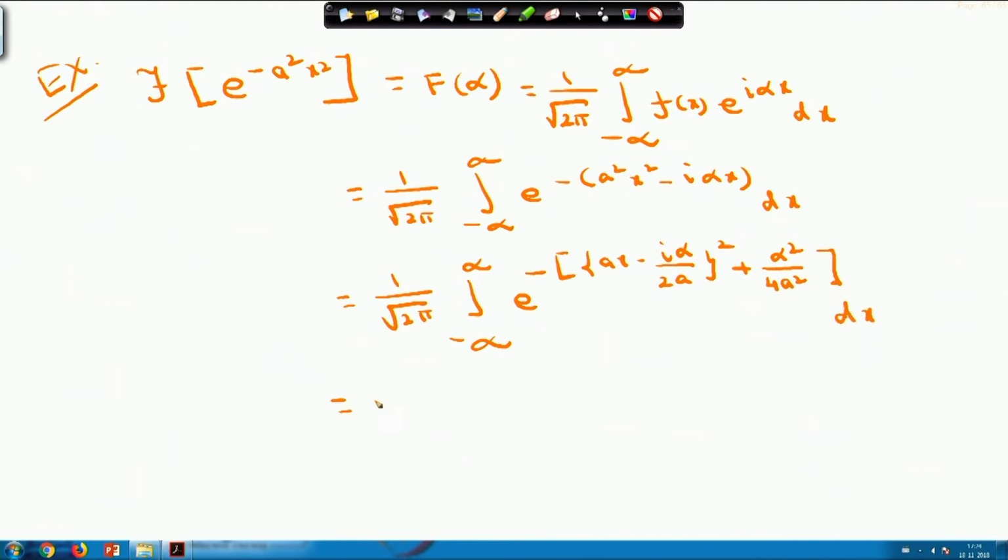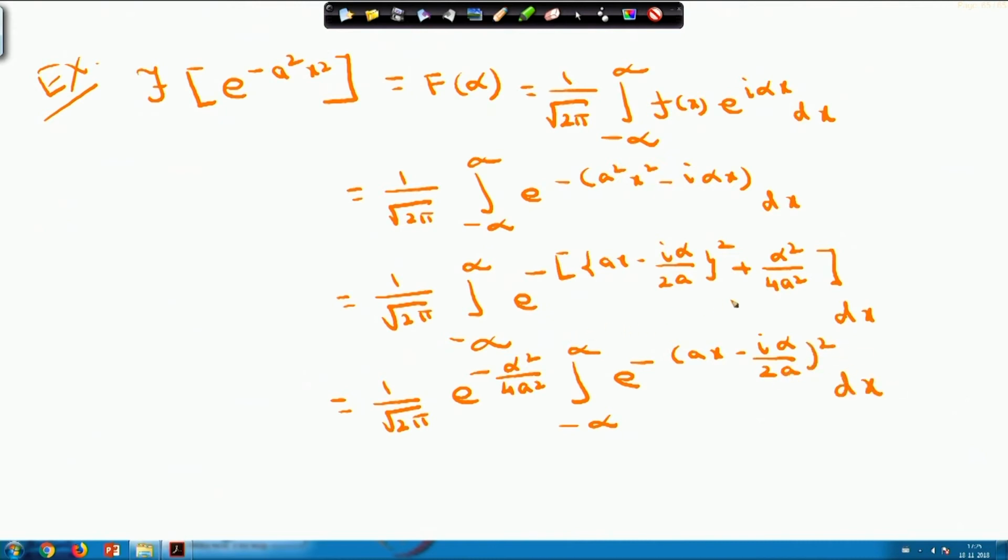So this equals 1 by root 2 pi, and e power minus alpha square by 4 a square can come outside because this is independent of x, times the integral from minus infinity to infinity of e power minus (a x minus i alpha by 2 a) whole square dx.